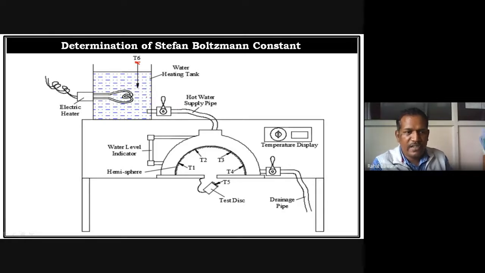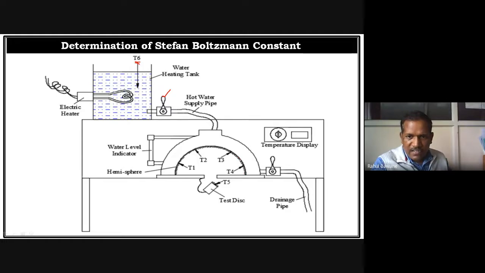Once your water gets heated, suppose it is heated to 90 degrees centigrade, then with the help of this knob, allow this hot water to flow into this hemisphere. Now in this hemisphere, there is an internal hemisphere.